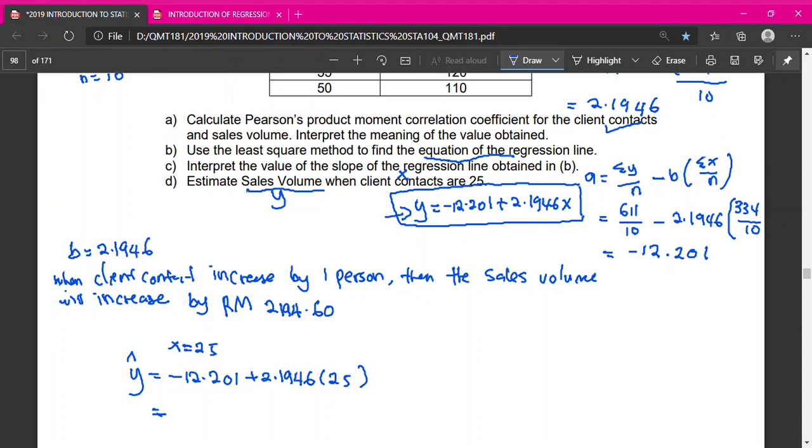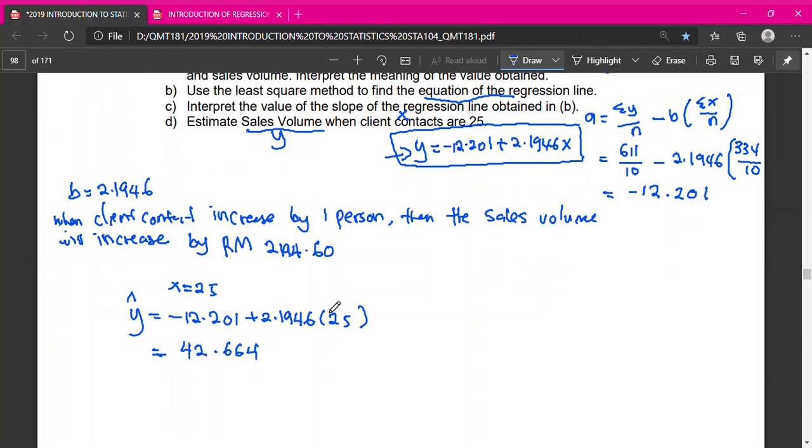So, berapa akan dapat? So, you will get 42.664. So, we can say that when the client contact is 25, the sales volume will be RM 42,664 ringgit.